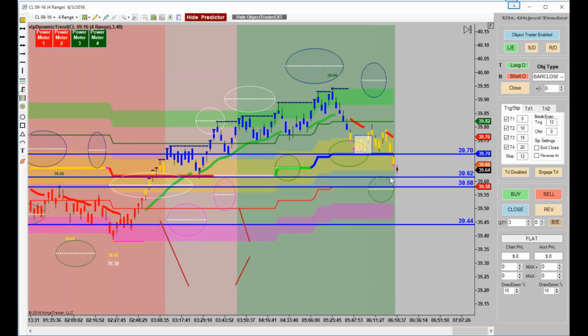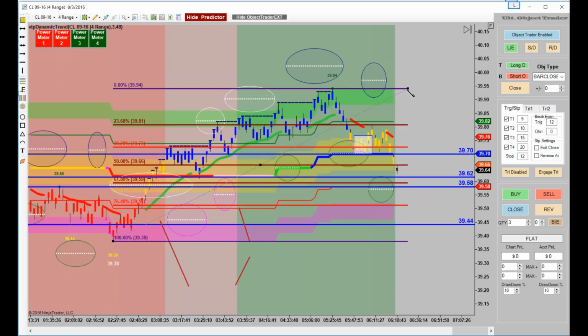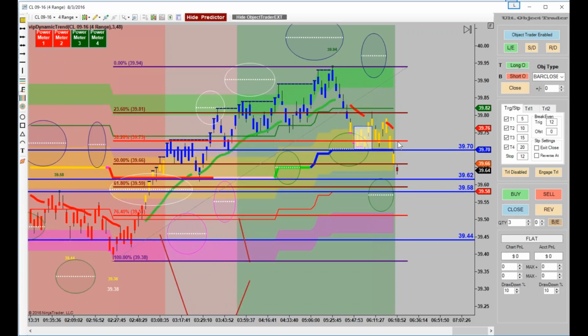Now once they've done an ABC like that, also look at your fib numbers too, because that's pretty important. You can use our auto fibs if you want to. I don't usually use them in the room, but see, here's a 61% retracement too. And that's usually what they do on these, say 50 tick moves or so. They'll pull back anywhere from 50 to 61%. On the larger moves, they'll pull back to 38.